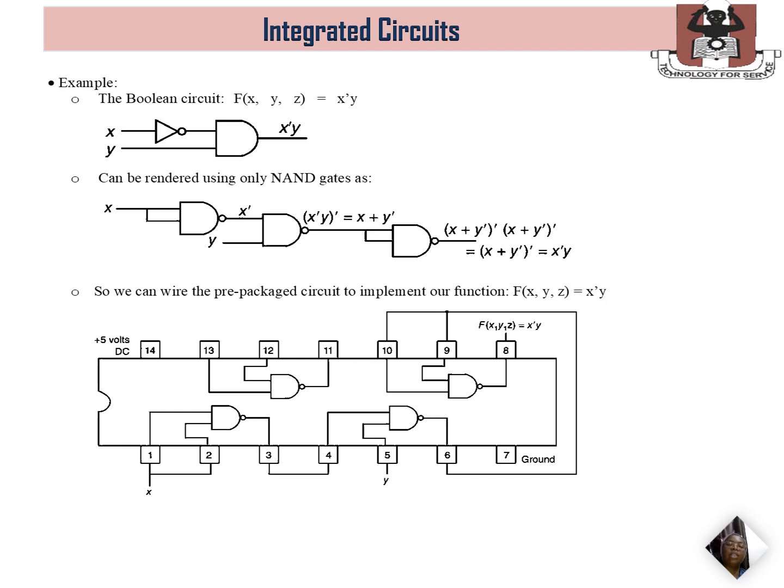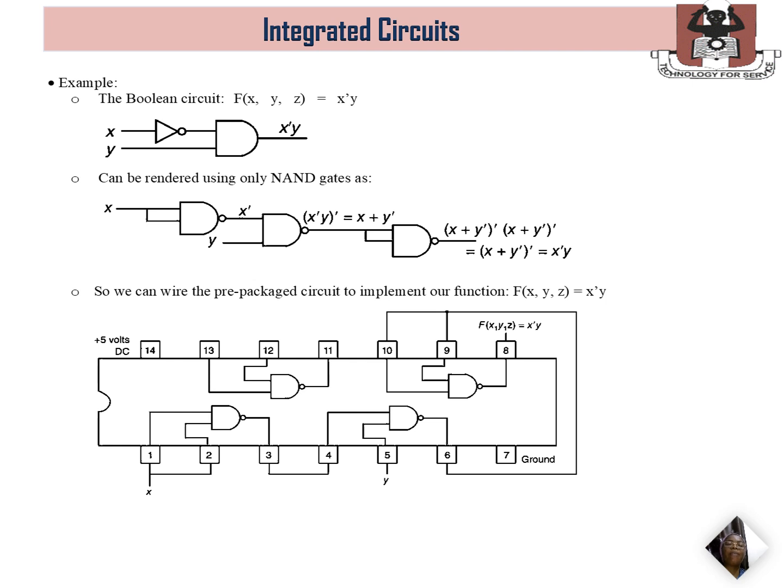In the slide, we have the Boolean circuit of an inverter and an AND gate. In this inverter, it shows that any input here should be inverted before the AND operation takes place.